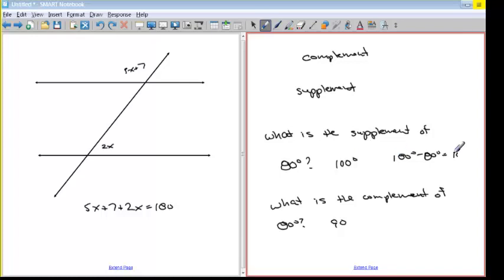Here we take 90 and subtract the angle, so you get 10 degrees. So 10 degrees is the complement of 80, and 100 degrees is the supplement of 80. If I asked what is the complement of 120 degrees, you'd say I've screwed up, because there's no positive angle you could add to 120 that would give you 90.